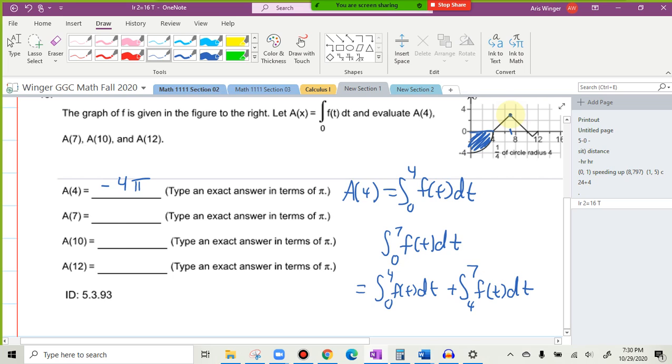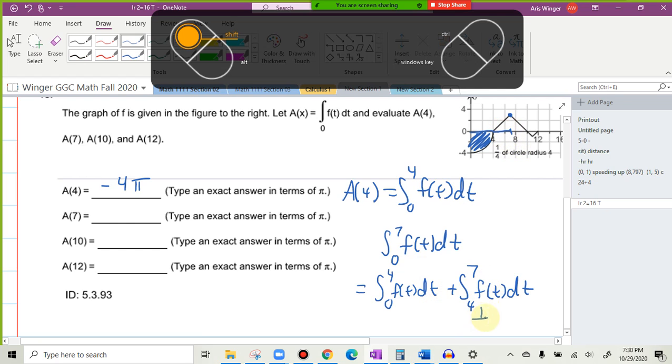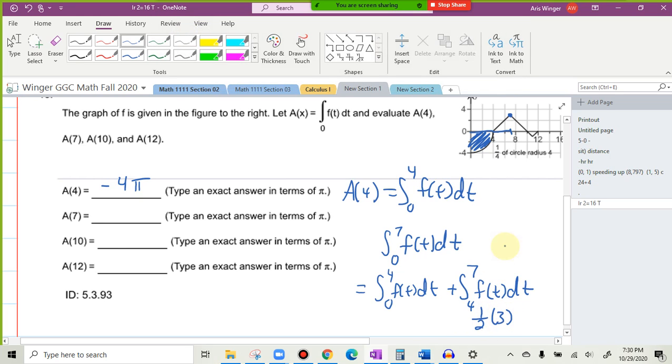That looks like that's 3, so the base is 3, so 1/2 the base, and the height is also 3, 9/2. So this piece is 9/2, this piece is minus 4 pi. Negative 4 pi plus 9/2.